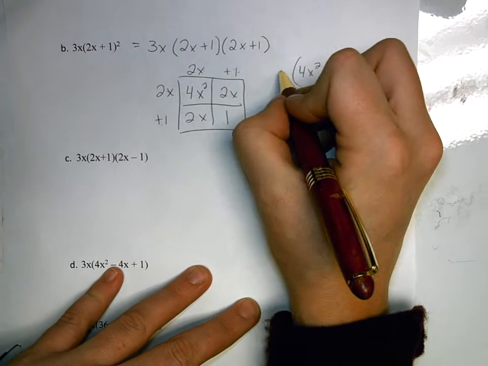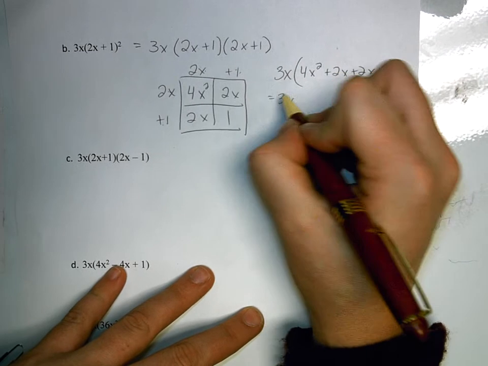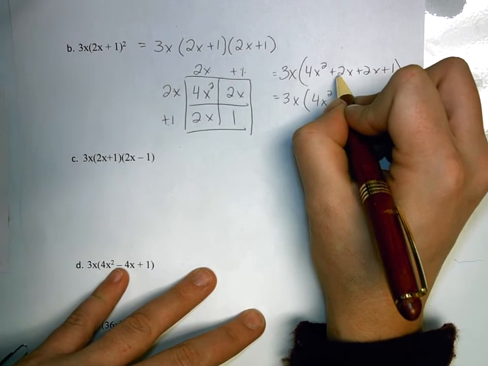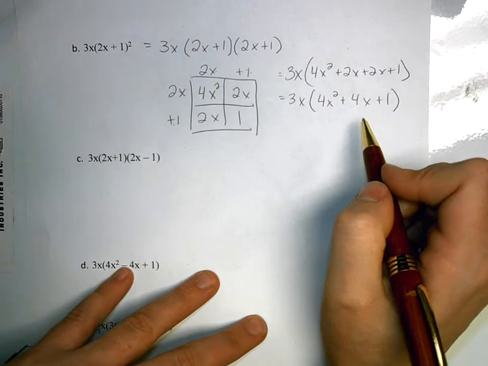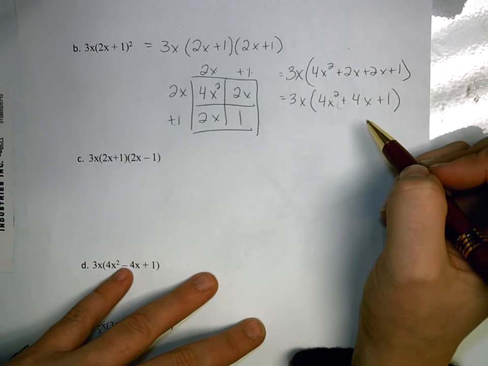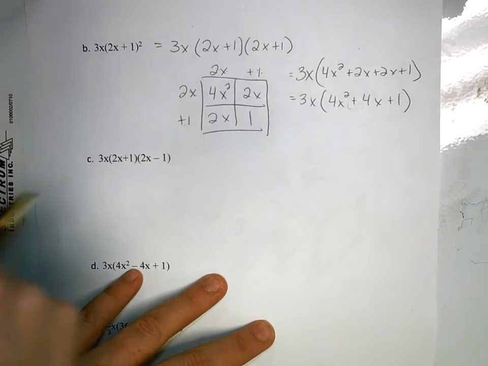Don't forget, I still have that monomial out in front. I'm going to simplify my like terms, so add like terms together and you get 4x squared plus 4x plus 1. Now if you notice, this is very similar to the previous problem, but now I have a plus 4x in the middle instead of a minus 4x, and that's important.